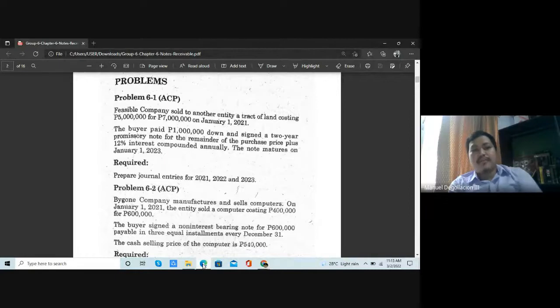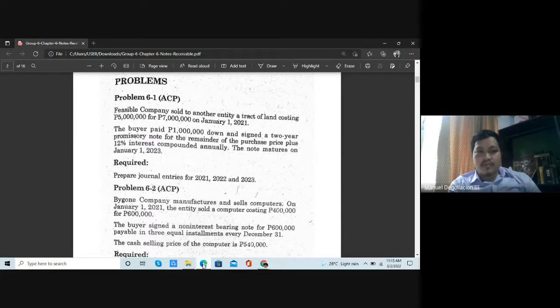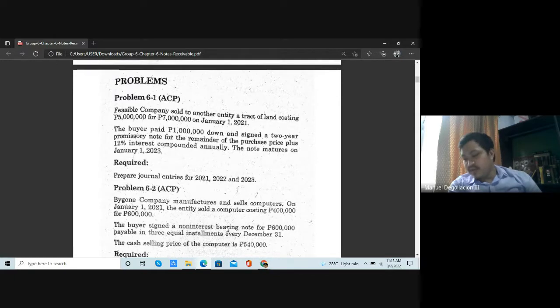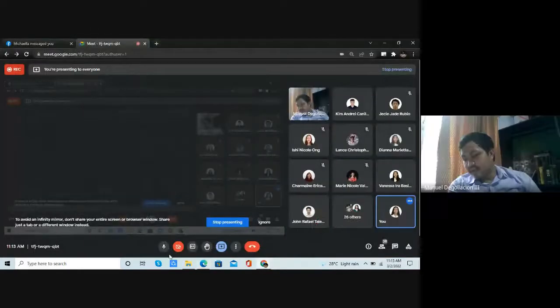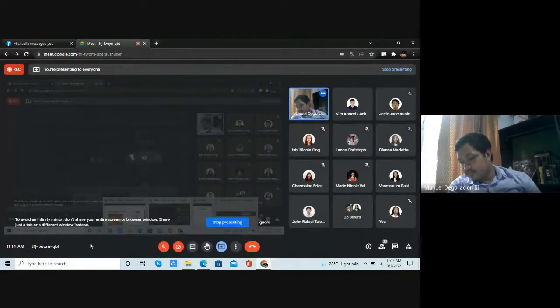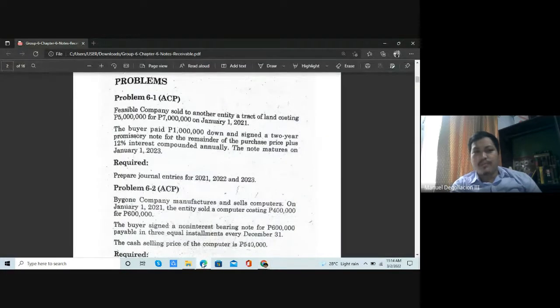Okay. By the way, what kind of promissory note are we dealing with here? Interest bearing or non-interest bearing? Interest bearing. Okay, because the problem expressly states that it is subject to an interest of 12%. Yes, sir. By the way, when will it be payable?